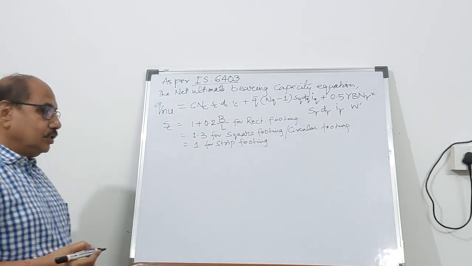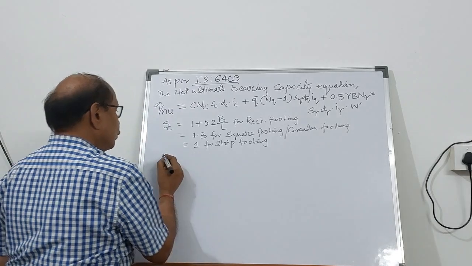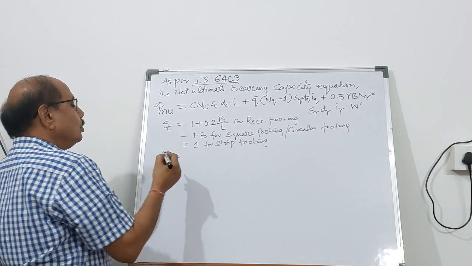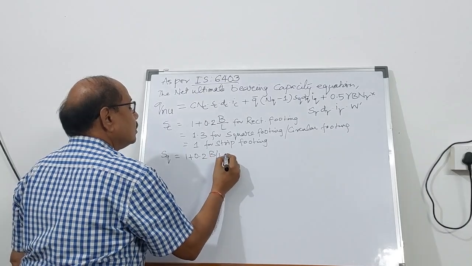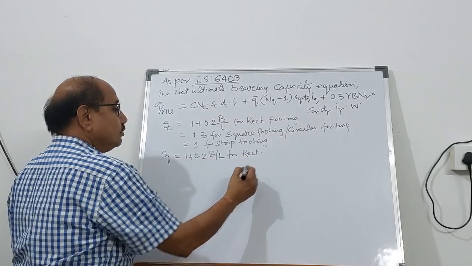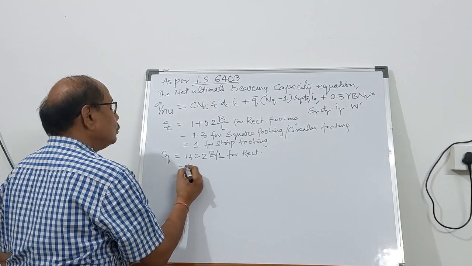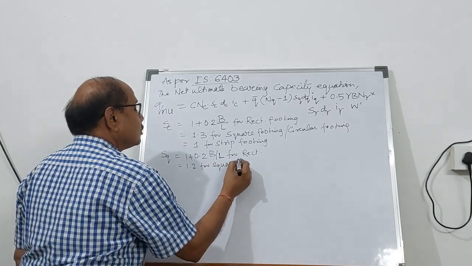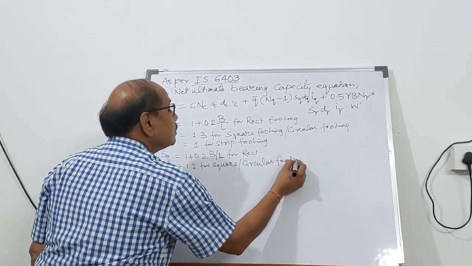Right? Another shape factor here is Sq. Sq is similar to Sc, 1 plus 0.2 B by L for a rectangular footing, and here 1.2 for square or circular.